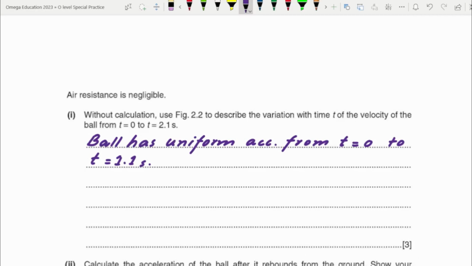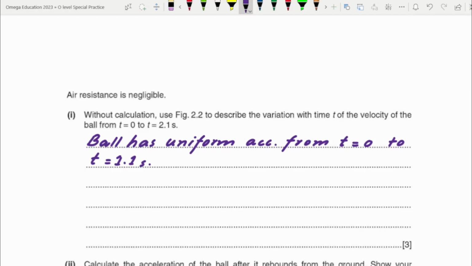You can phrase that: the velocity of the ball increases with constant acceleration till 1.1 second. Well, plenty of ways, but the key concept has to be there. You have to mention that the velocity is increasing at a constant rate, or you can simply say the ball has constant acceleration. Until what point, you have to mention that as well.